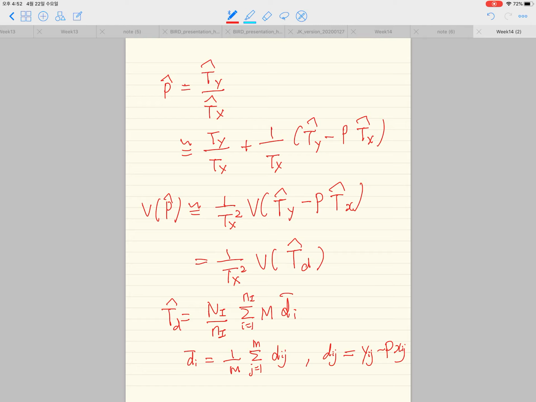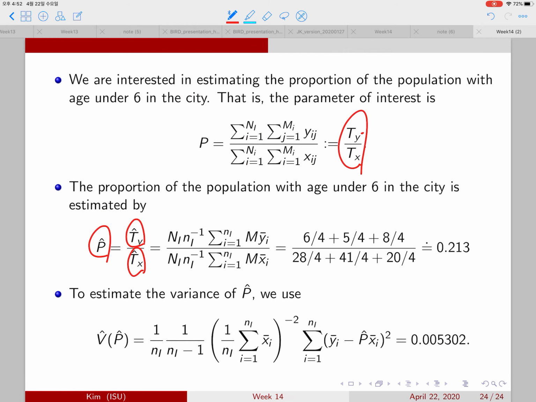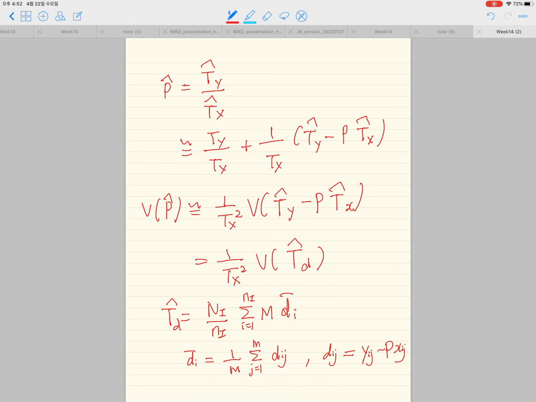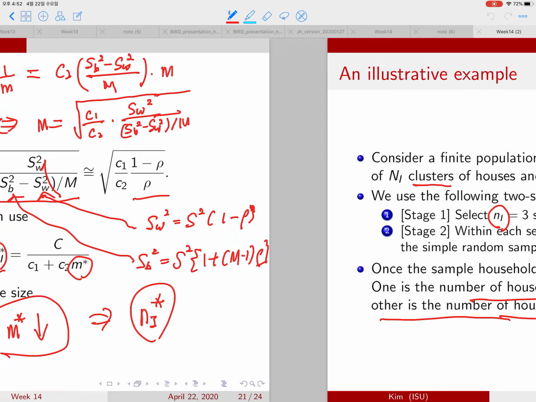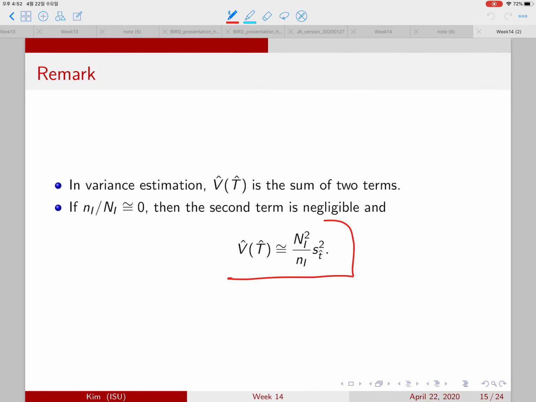Then using the simplified variance formula on page 15, what is the variance formula for t hat d?